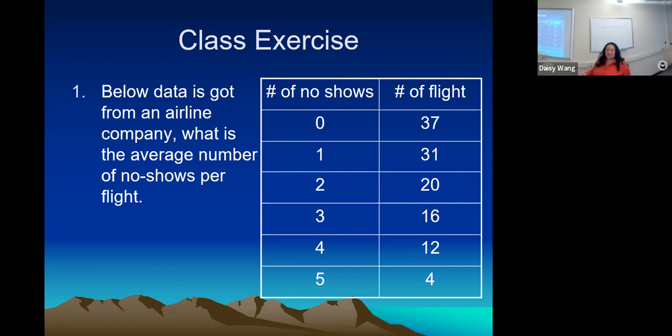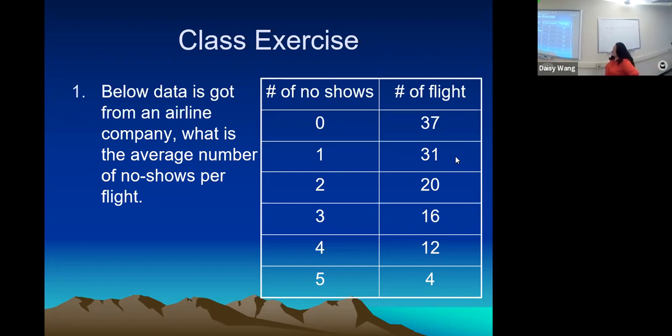Where are they? Here, because here has the data from 38 to 68. So 60 and 61 are both here. So the median is one no-show.